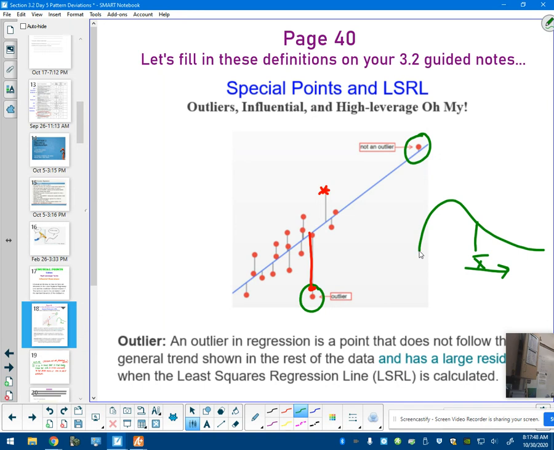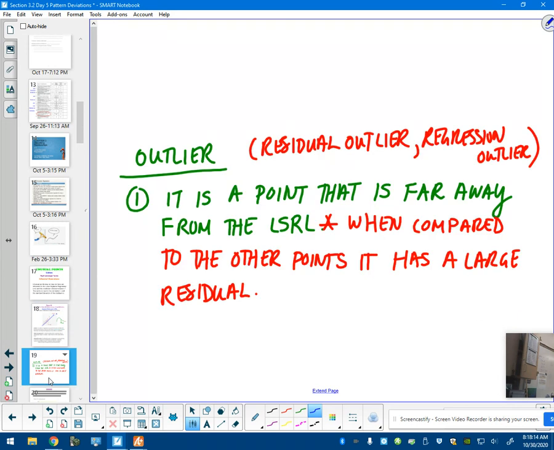Because if I were to remove this point, how do you think that blue line would change? It would probably go uphill a little bit more. So for high leverage points, think of a teeter-totter. If somebody just gets off one end of the teeter-totter, it's going to whoop, right?